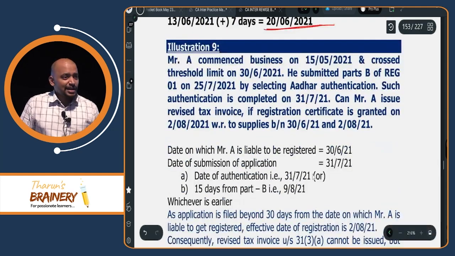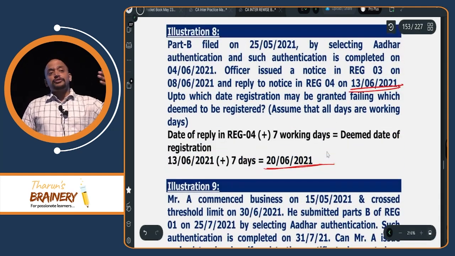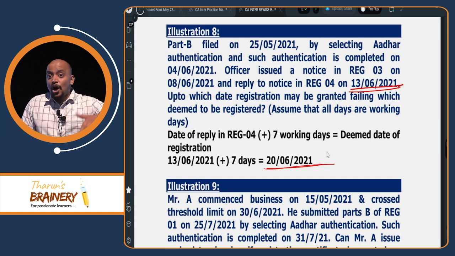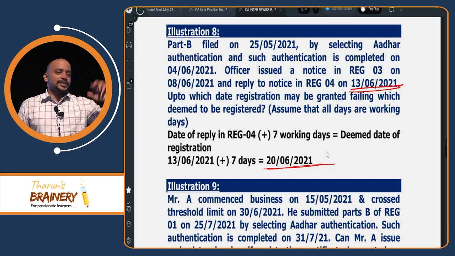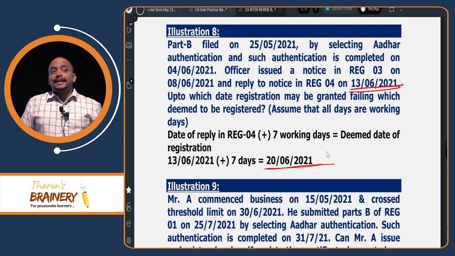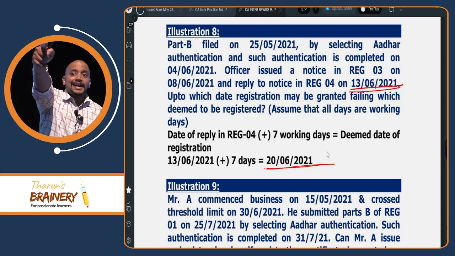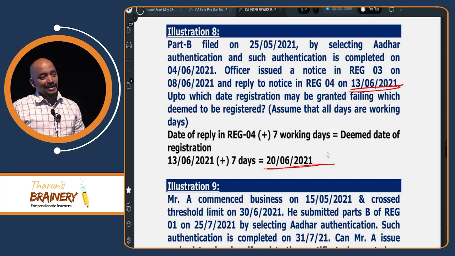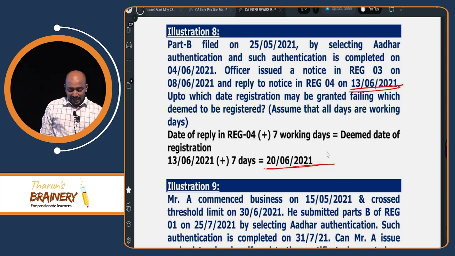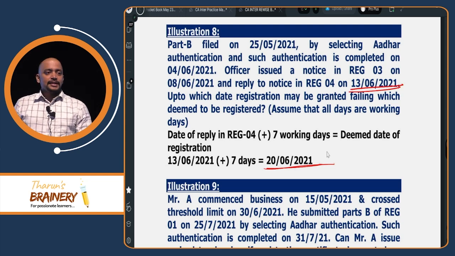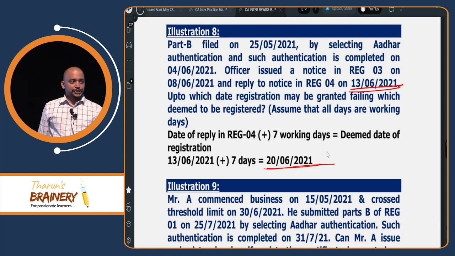Okay? Clear here? Now, suppose if you make application beyond 30 days, what is the consequence? 18(1)(a) we studied. So please check 18(1)(a) in your book. Availment of ITC on closing stock.